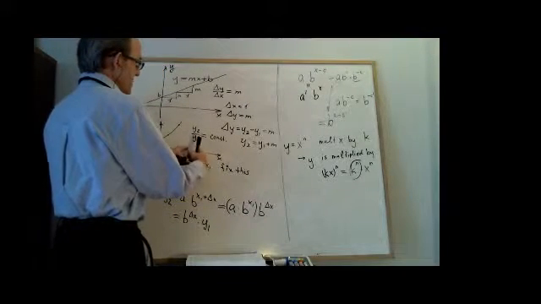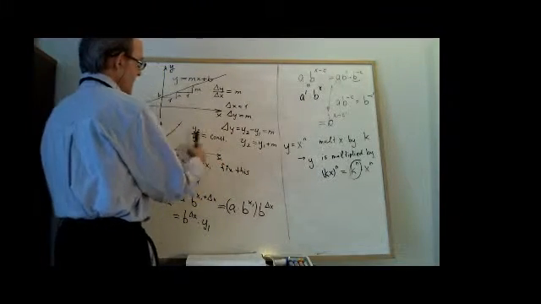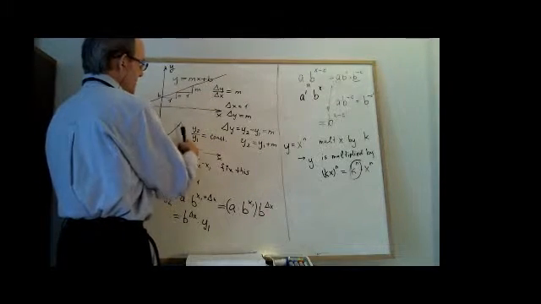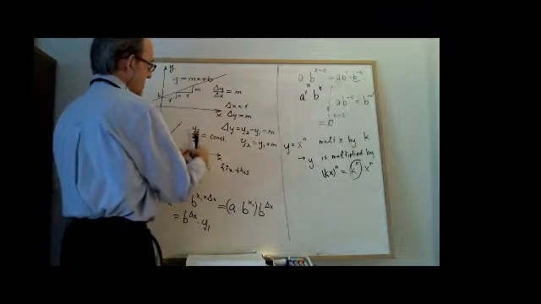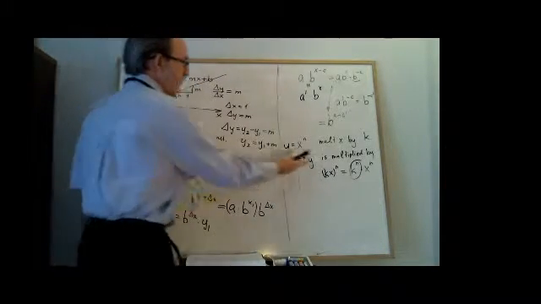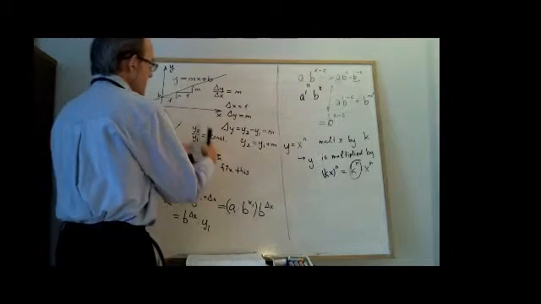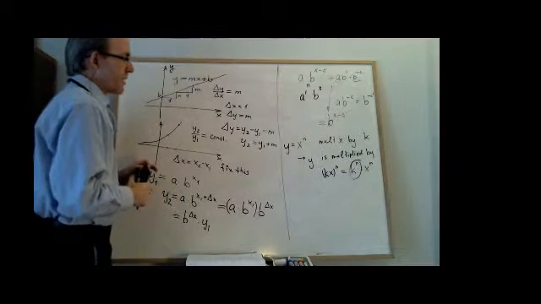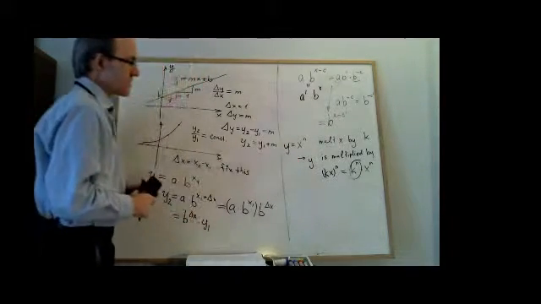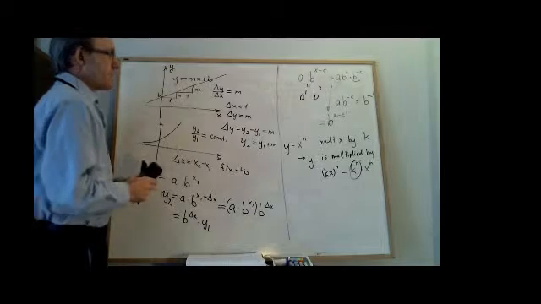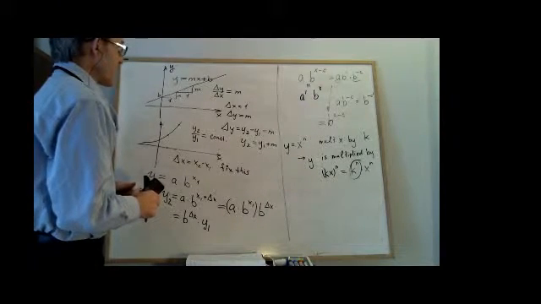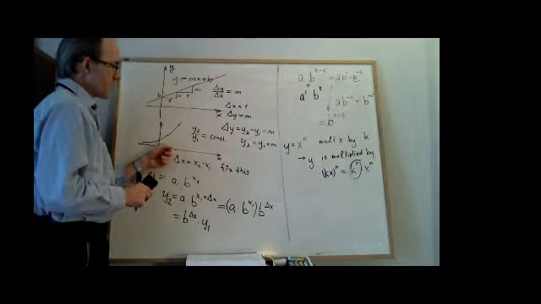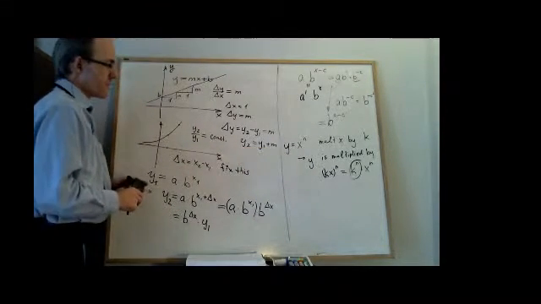A lot less growth. Each time you go one step, you multiply y by the same factor. You go another step, multiply y by the same factor. For polynomial growth, you have to multiply x by those factors in order to change y by those same factors. So this results in much quicker growth than any polynomial growth.